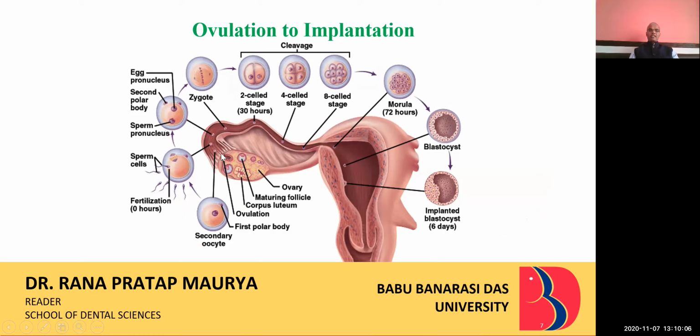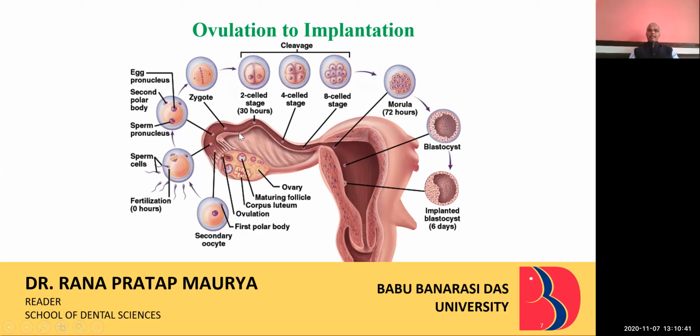The ovum travels in the fallopian tube, and fertilization occurs at the 1/3 to 2/3 junction of the fallopian tube. Here the pronuclei of male and female, that is ovum and sperm, unite and form the zygote.